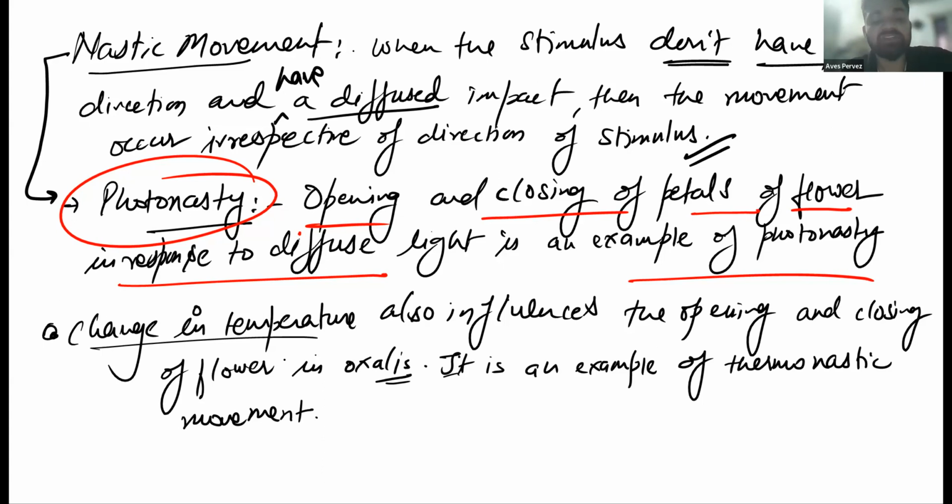Sometimes a change in temperature also influences it. You know that if the temperature is changing, then it also influences the opening and closing of flowers, like in oxalis. Let me show you what an oxalis flower is. Everybody has seen this, I think.